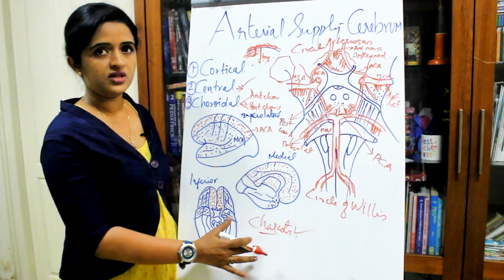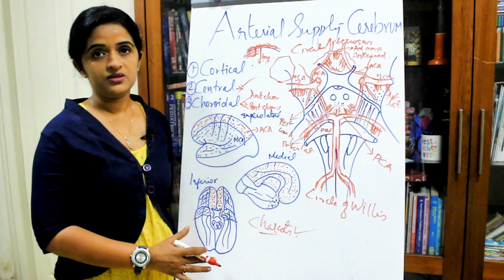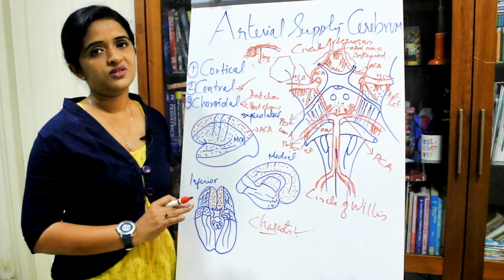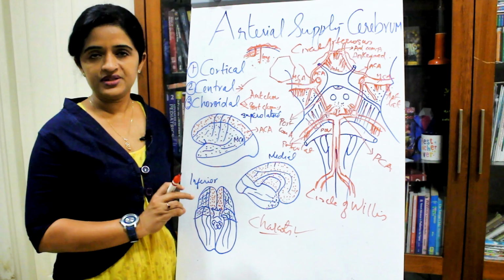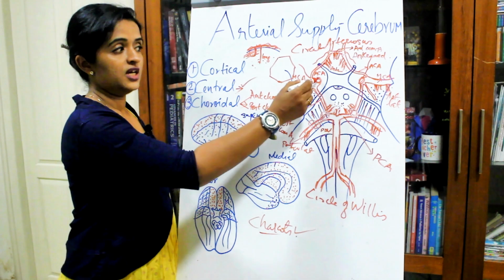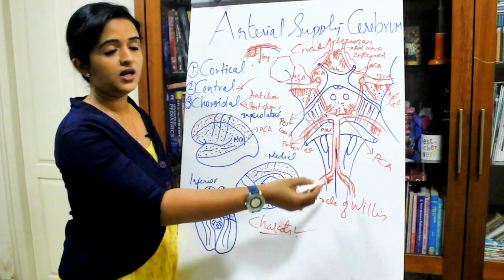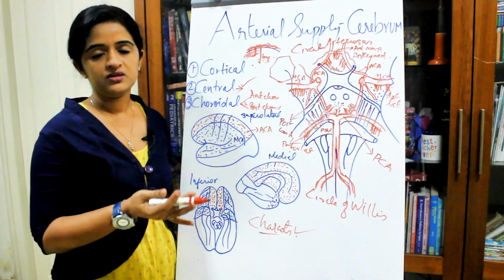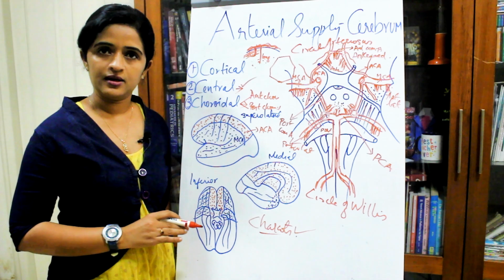Now as a whole, let's see how the cerebrum is supplied by the 3 major vessels, that is the anterior cerebral, middle cerebral and posterior cerebral. Anterior and middle come from the internal carotid, and the posterior cerebral comes from the vertebral system, that is, it is a terminal branch of the basilar artery.